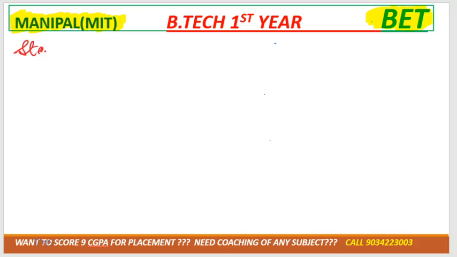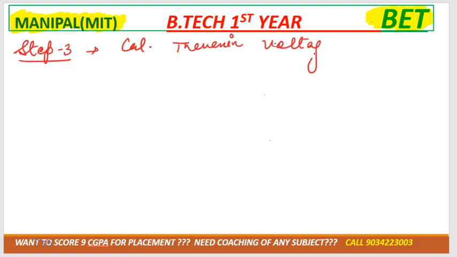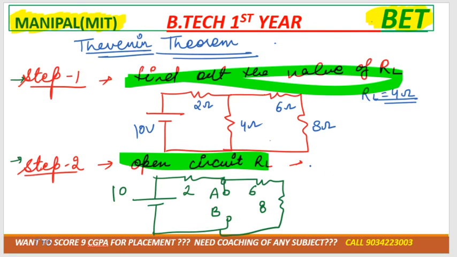Now step number 3, we need to calculate the Thevenin voltage. Thevenin voltage is denoted by VTH and that is equal to VAB. So how much is VAB? Just imagine, as you can see there is no direct connection between A and B. So you are standing at A and you need to move towards B, right?